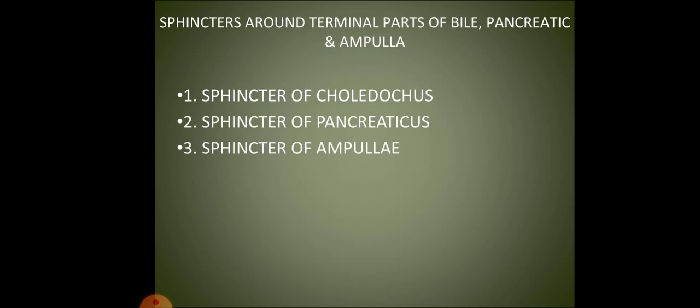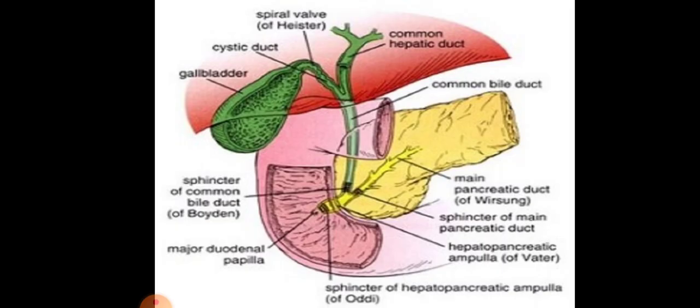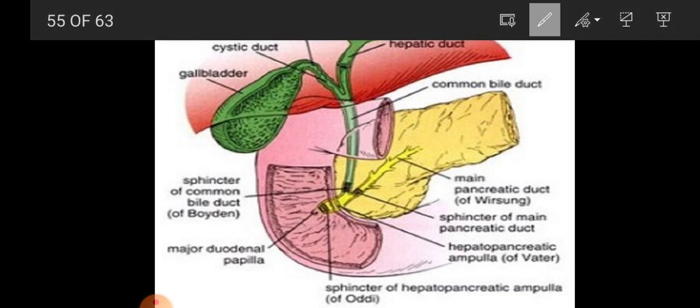Now the sphincters around the terminal parts of bile duct, pancreatic duct and the ampulla. There are 3 sphincters: sphincter choledochus, sphincter pancreaticus and sphincter of ampulla. Let's see how they are. At the end of the CBD, that is common bile duct, we have the sphincter choledochus, that is sphincter of Boyden.